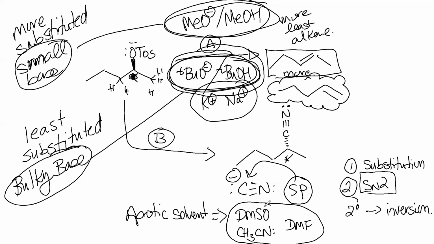So as long as they're aprotic, any one of them could be good. There are different reasons why you might choose them or not, and we learn that later on. There are more practical implications for this.